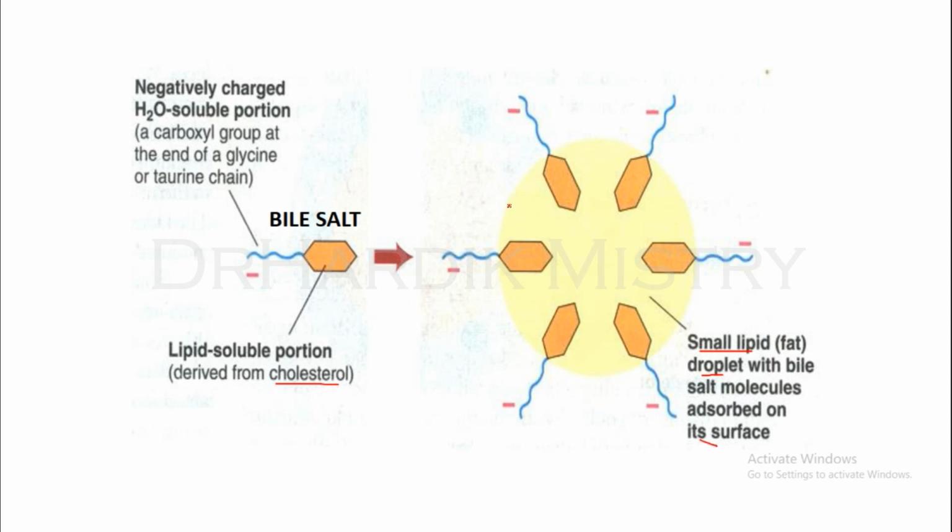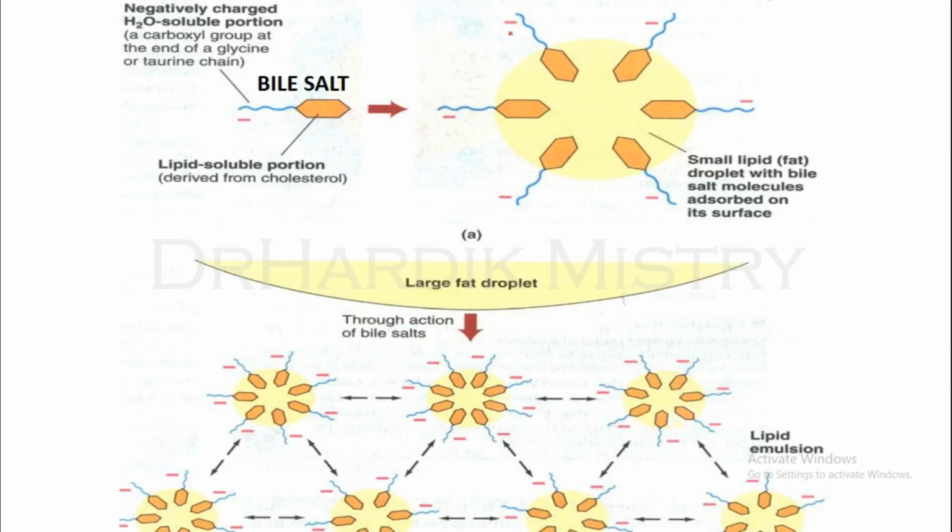This is the small fat droplet, and these are all the bile salt molecules, and out of these bile salt molecules, mainly the lipid soluble portion comes in contact with the small lipid droplets, and the tail or the water soluble portion remains outside of this structure. So here it is the bile salt. It forms the small lipid fat droplets with bile salt molecules adsorbed on its surface.